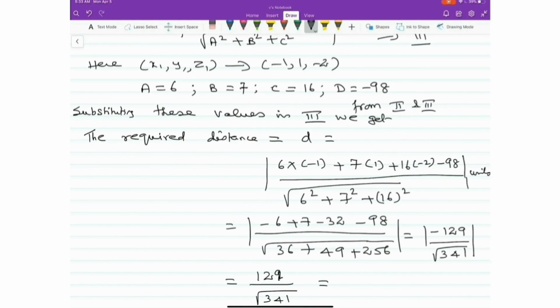I can multiply and divide by square root of 341, so I will get it as 129 into square root of 341 by 341 units.